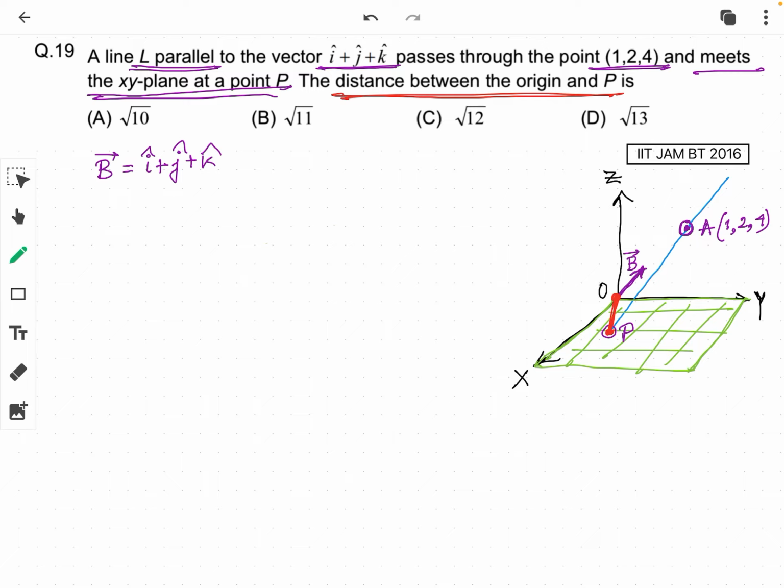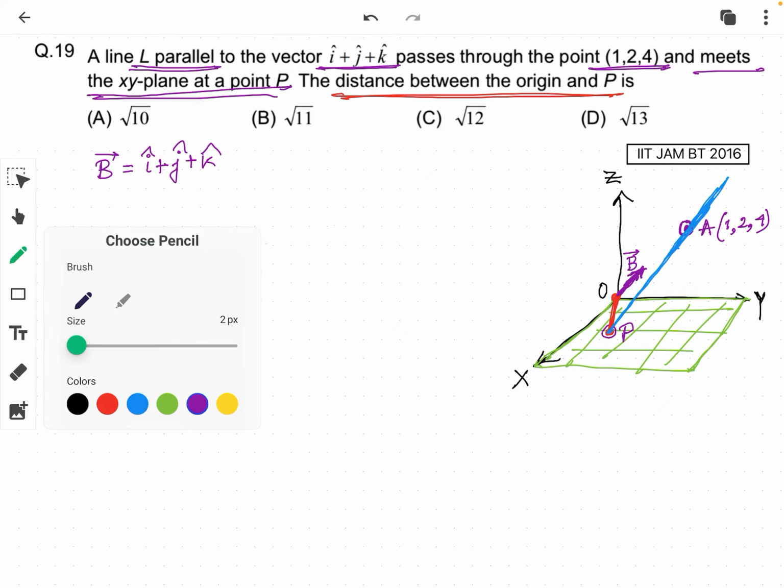So we have the vector B, which is parallel to our line L. Now here is a point on the line, A, whose coordinates are 1, 2, 4.